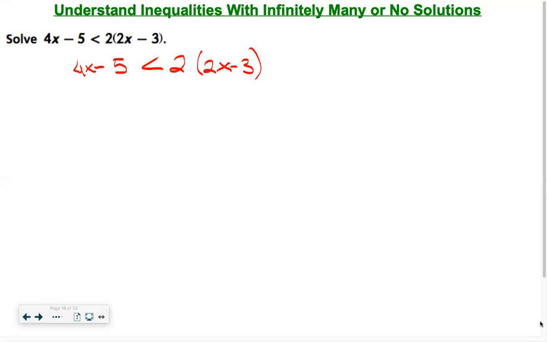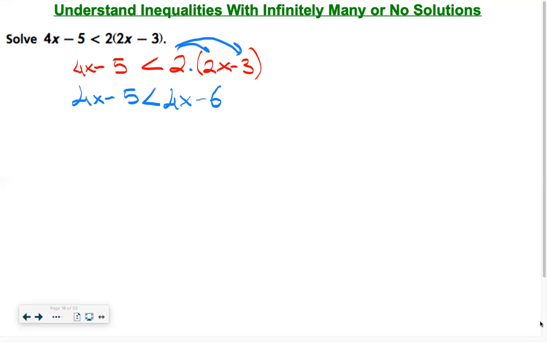As I told you before, if there's a parenthesis, we don't like it, you need to get rid of the parentheses. How? By using the distribution property. 4x minus 5 is less than, when you distribute 2 into the parentheses, you will get 4x minus 6.